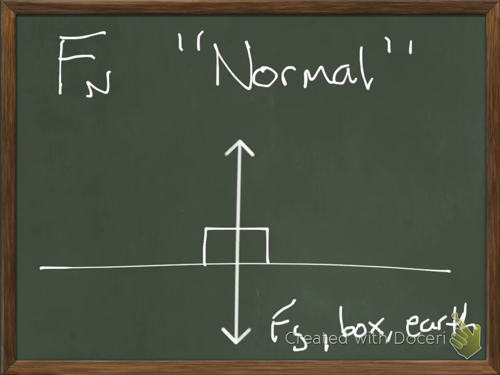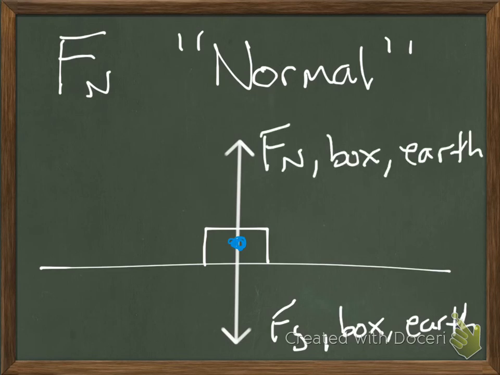We've got a box, and it's sitting on the floor, and if that was our only force right there, so if there was nothing on the floor pushing back, then the box would go through the floor. We know that's not true. So we say, okay, there must be another force keeping it from going through the floor. Well, that thing is called the normal force. That is what is balancing out the forces here. So those two things are equal.